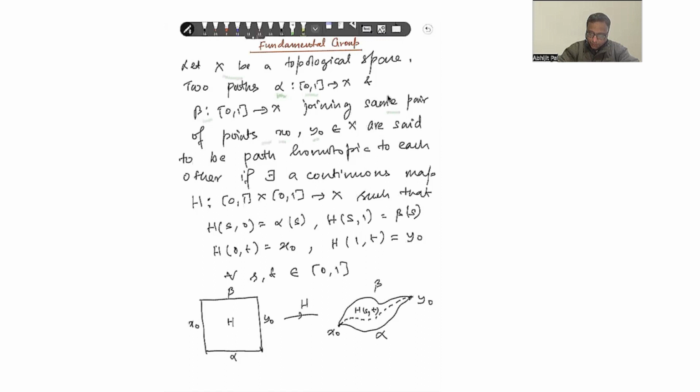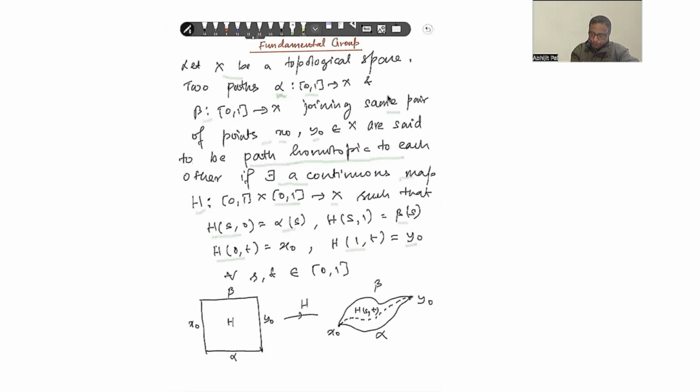These two paths, alpha and beta, are said to be path homotopic to each other if there exists a continuous map H from the unit square, [0,1] cross [0,1], to X such that H(s,0) is alpha(s), H(s,1) is equal to beta(s), and for each t, H(0,t) is equal to x0 and H(1,t) is equal to y0. The second interval [0,1] you can call the time parameter.